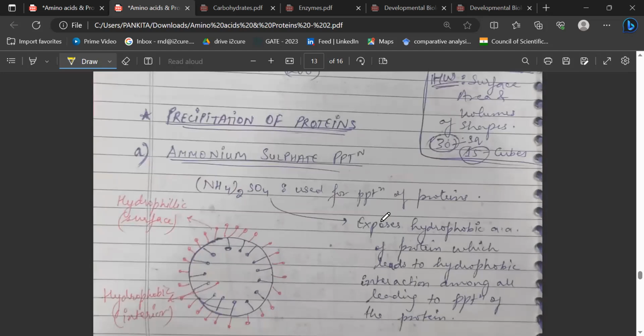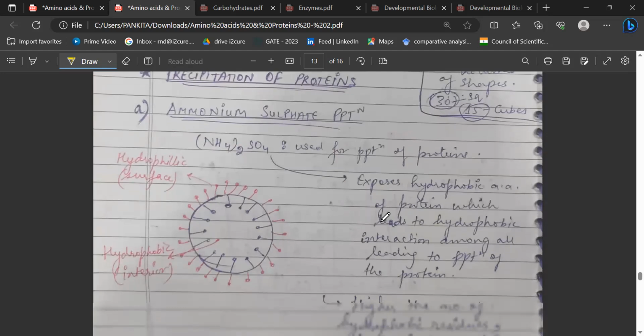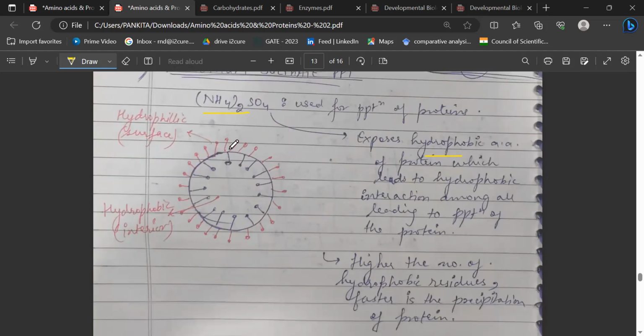Now the next topic is the precipitation of proteins. First one is the ammonium sulfate precipitation, in which ammonium sulfate is used to precipitate the proteins. How does it precipitate the proteins? Basically, it exposes the hydrophobic amino acids of the protein, which leads to hydrophobic interaction, and a micellar structure is formed, which leads to the precipitation of proteins.